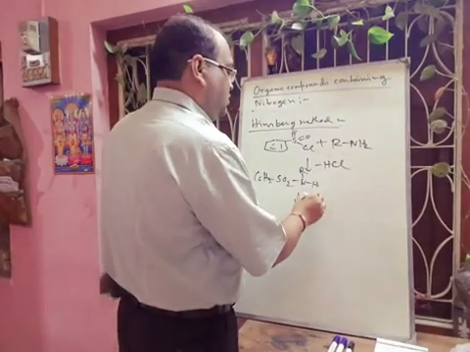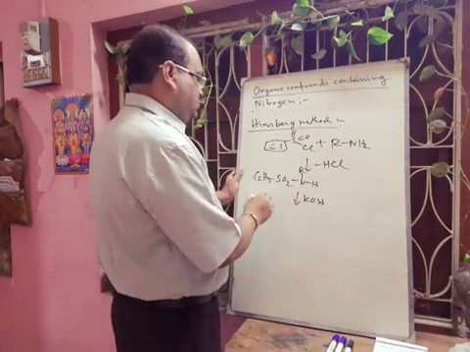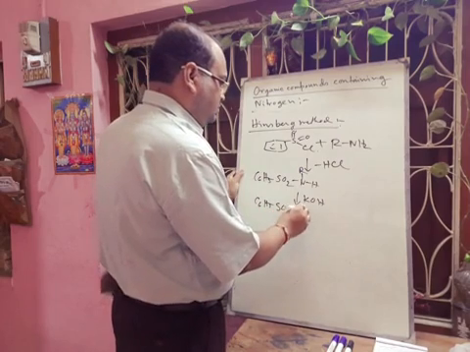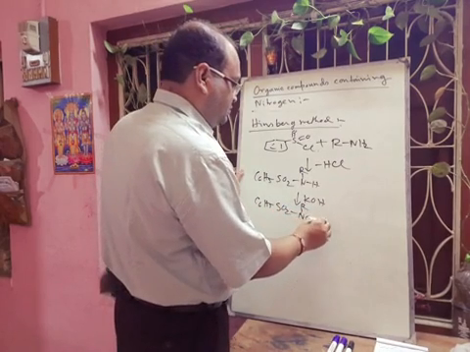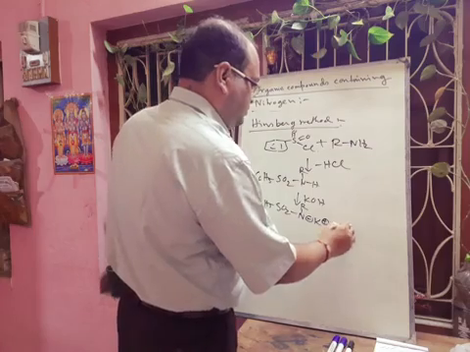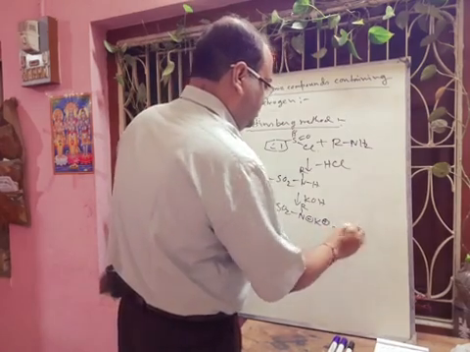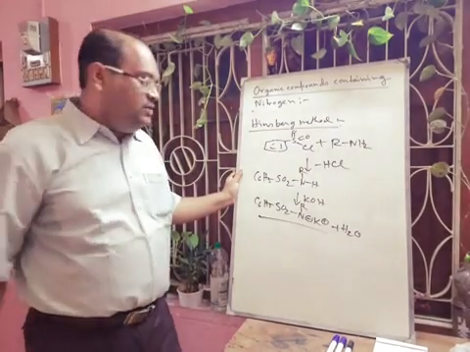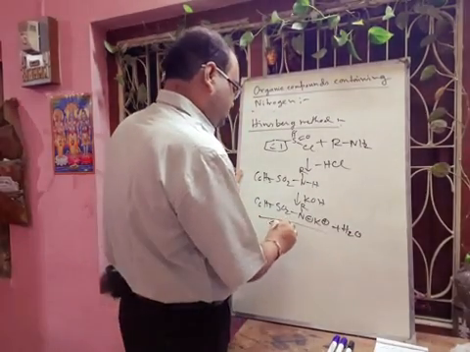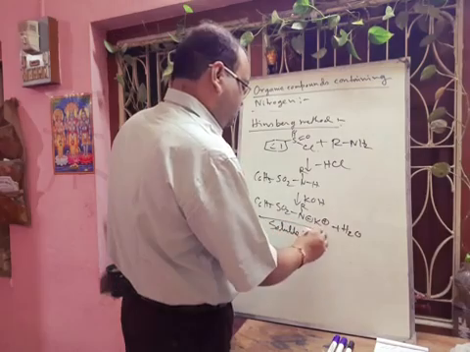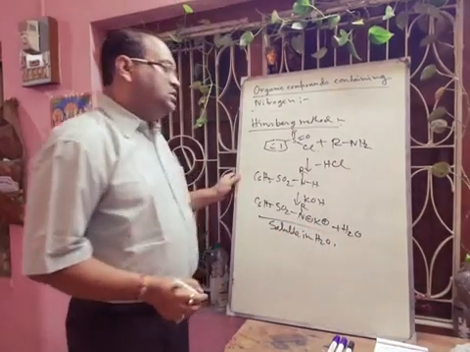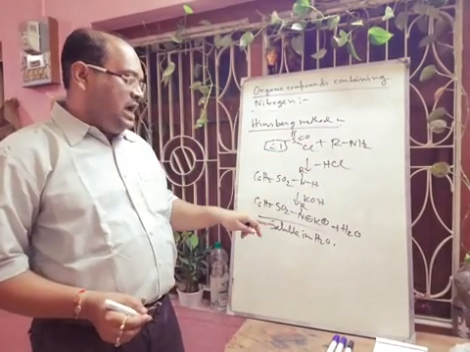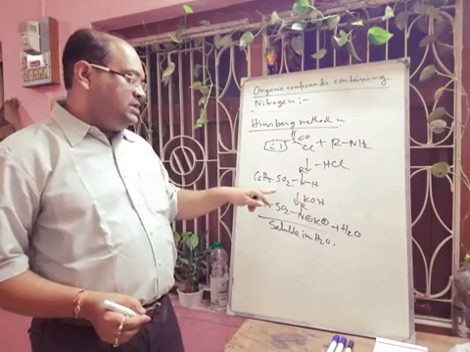This proton is acidic, so KOH will take this proton. Now this compound is soluble in water. So the primary amine reacts with the Hinsberg reagent, forming this N-sulfonamide.